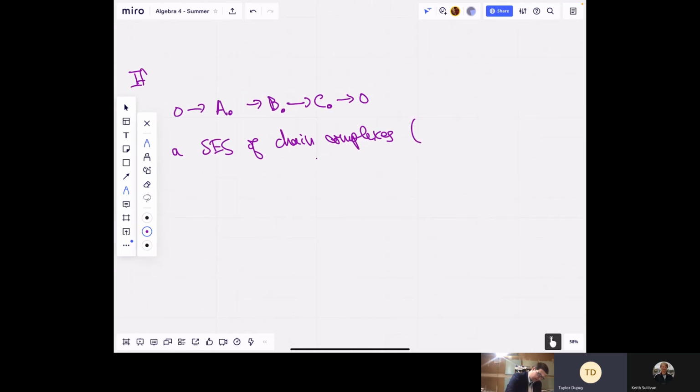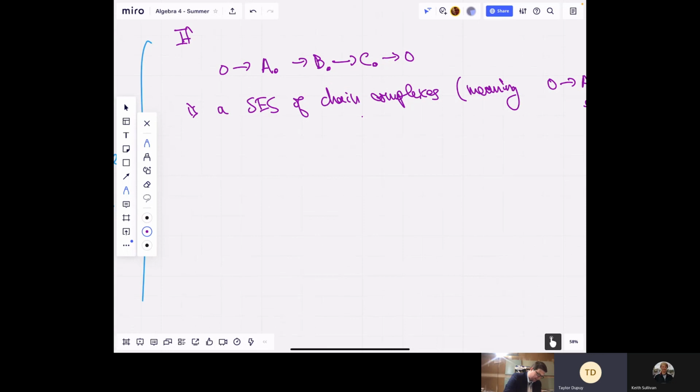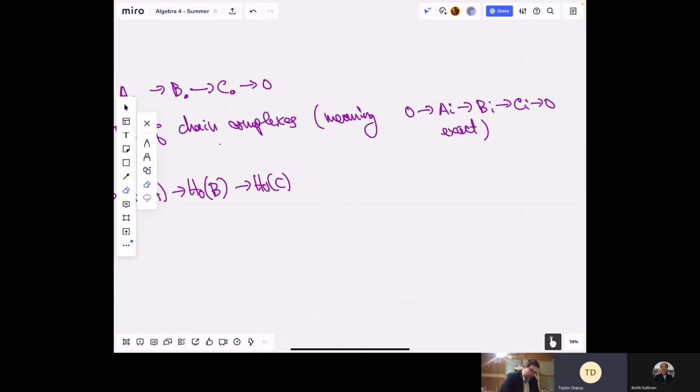So this means at each level this thing is exact. Okay, and then I usually work with homology, so hopefully I get this right. So we'll have H0 A. Whenever you have a cochain map, to have a map of chain complexes, what does it mean?